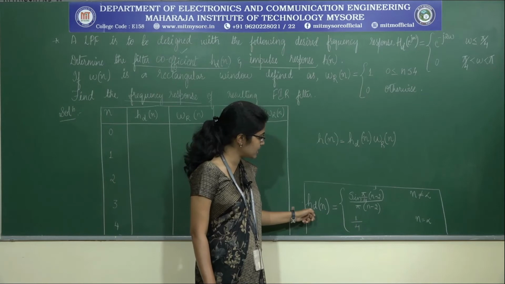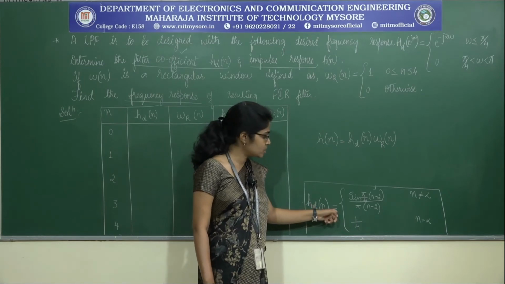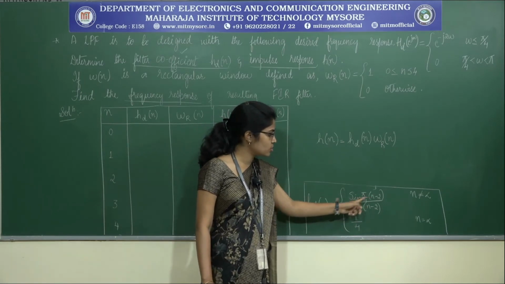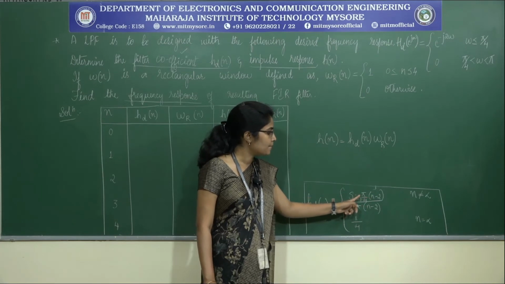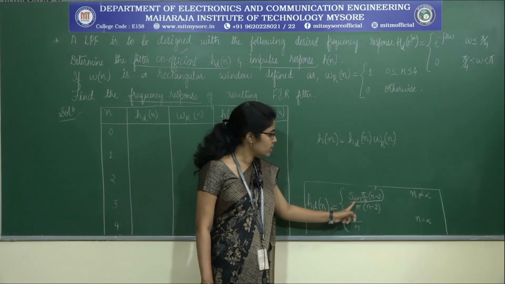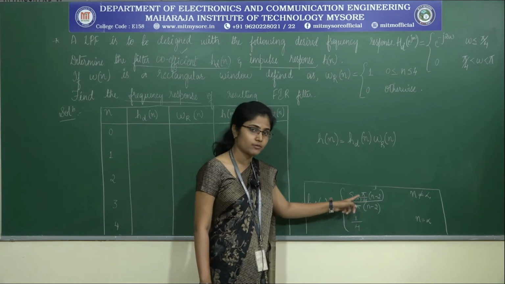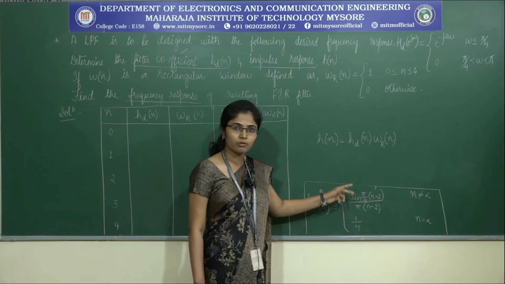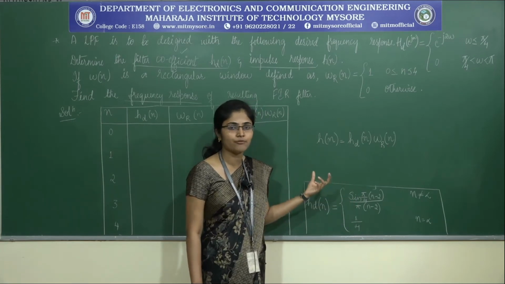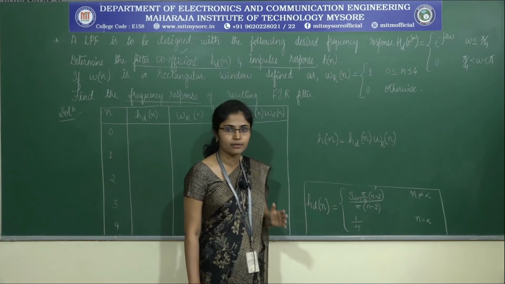So that gives us HD of 0, which is equal to, if I substitute 0 here, sine of minus 2 pi by 4 divided by minus 2 pi. So I need to find out what is the value. Whenever you try to solve this kind of problems, that is design of filter problems, kindly keep your calculator in radians mode.